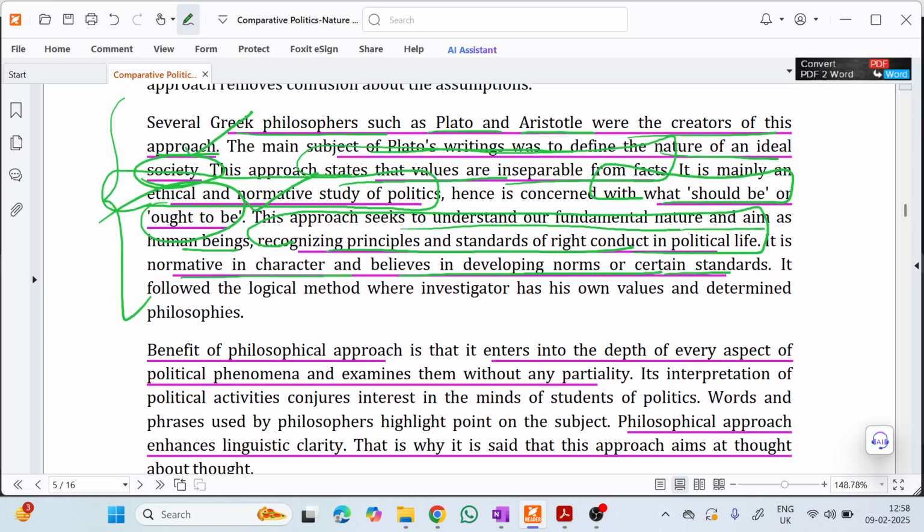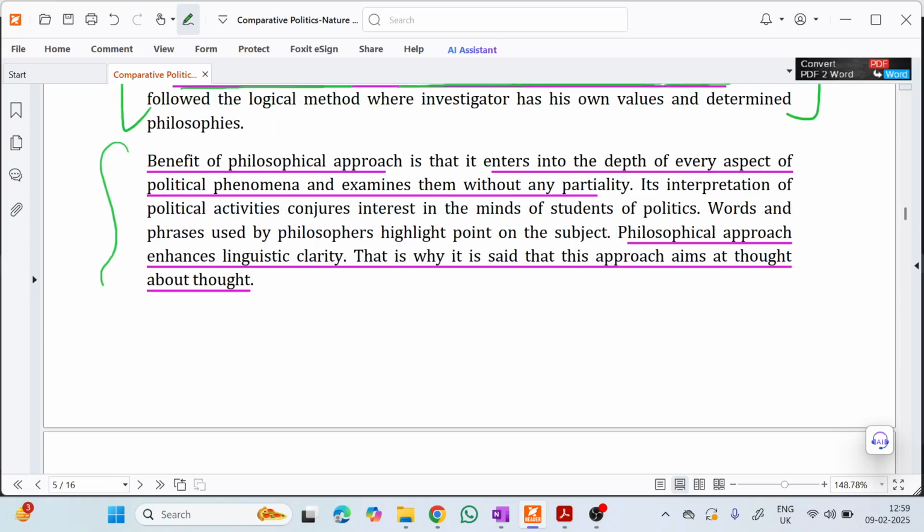These are other characteristics of the philosophical school, that they espouse some standards for right conduct in political life. Then the benefit of the philosophical approach is that it enters into the depth of every aspect of political phenomena and examines them without any partiality. And this approach also enhances linguistic clarity.